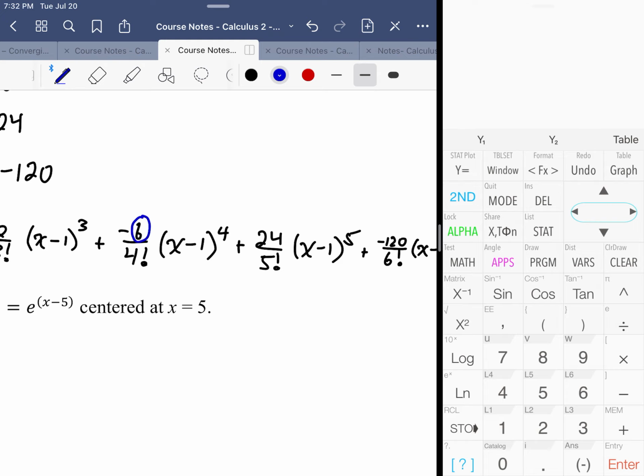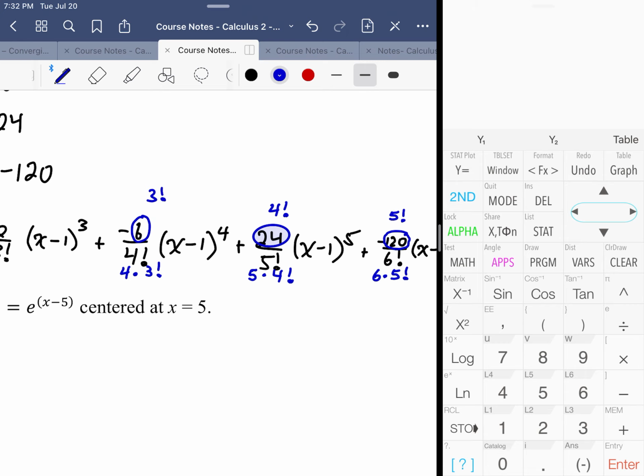So that 6, for example, is the same as 3 factorial. That 4 is 4 times 3 factorial. That 24 is 4 factorial. That 5 is 5 times 4 factorial. So there is that relationship that keeps popping up. This is 5 factorial.